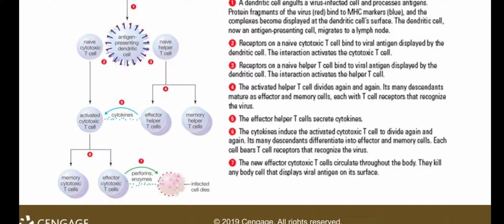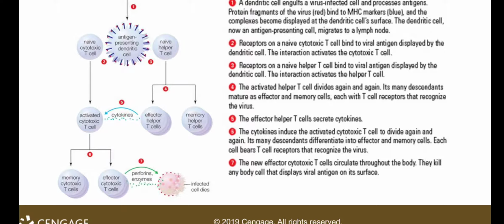The activated cytotoxic T cells that receive the cytokines from the effector helper T cells then multiply and differentiate into the memory cytotoxic T cell and the effector cytotoxic T cells. And the effector cytotoxic T cell is the one that actually fights off these infected cells.